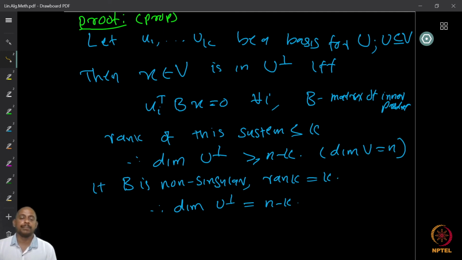And then the dimension of U perp is therefore equal to n minus k, because if k are here, then n minus k must be the rest, you cannot have more than that. Therefore, the dimension of U perp is n minus k.